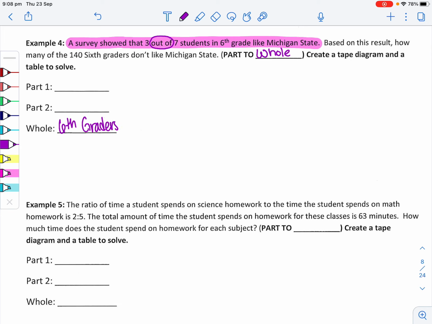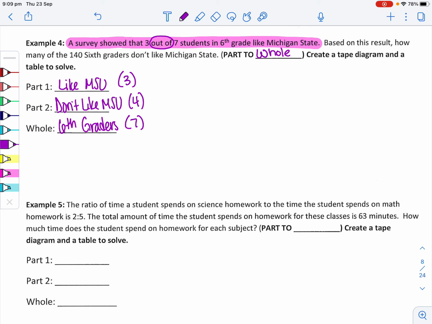One of my parts is going to be that they like Michigan State, so they like MSU. And then part 2 is going to be that they don't like MSU. So there's 3 that like MSU, and I've got 7 total 6th graders that make up my ratio. So there must be 4 that don't like MSU.